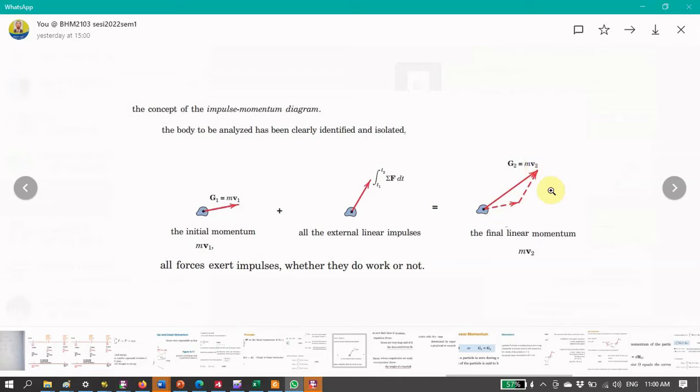The tip that Professor Merriam gave us is that all forces exert impulse, any forces, whether they do work or not. So all of them exert impulse.